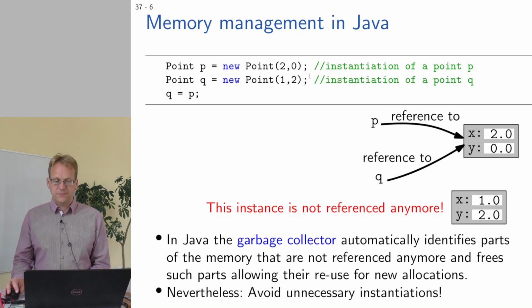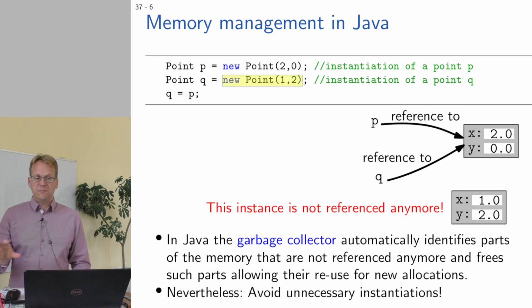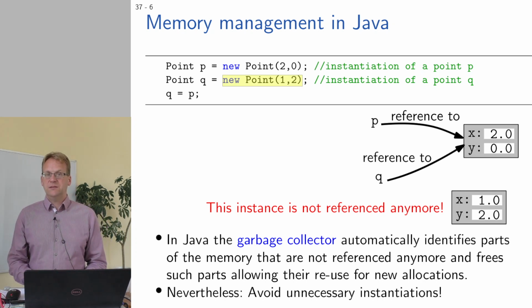Nevertheless, of course, it's nice that this garbage collector is there, but you should avoid code like this. For what reason are you creating this point object Q here if in the next line of code you're just leaving this instance alone in the memory without referring to it anymore? There's really no sense in doing something like this.